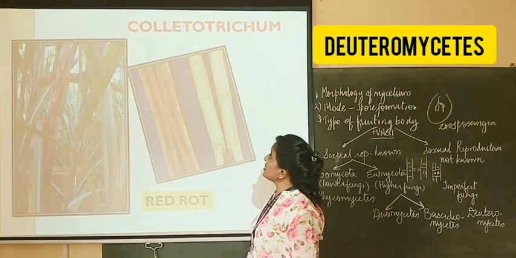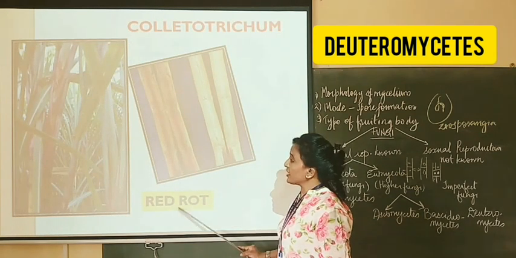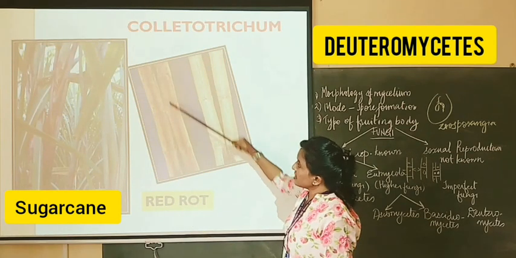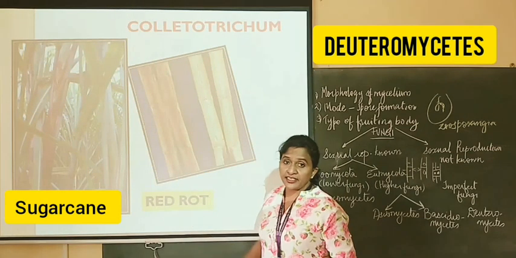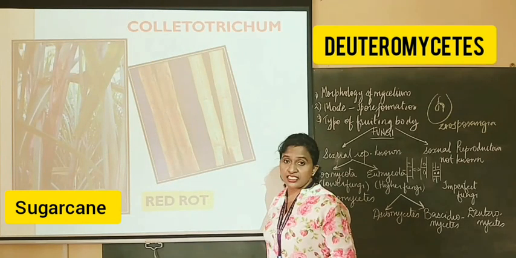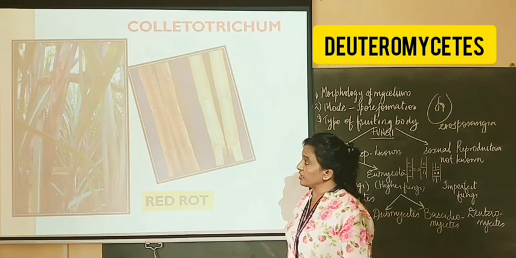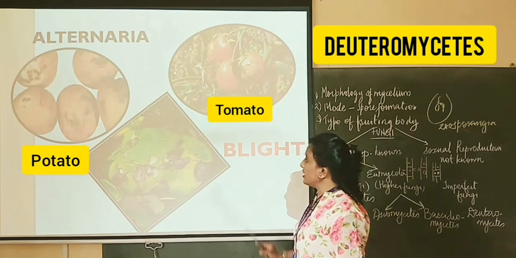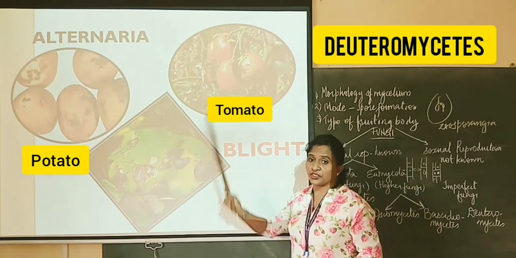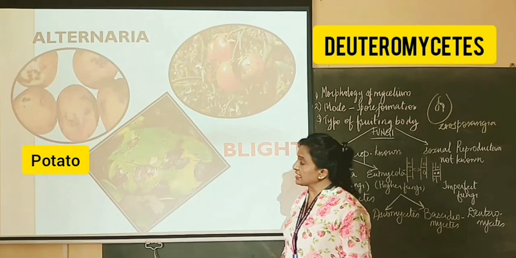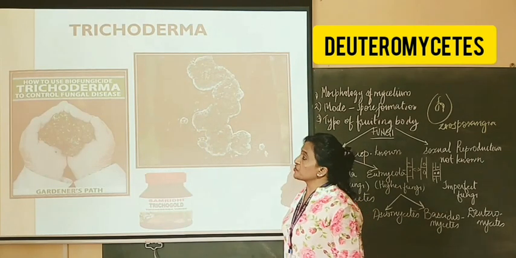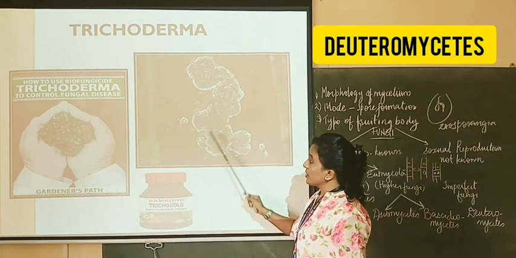The examples here are Colletotrichum, which causes red rot in sugar canes. We can see the red color inside the sugar cane. Another example is Alternaria, which causes blight of potato as well as tomato. And the third one is Trichoderma.